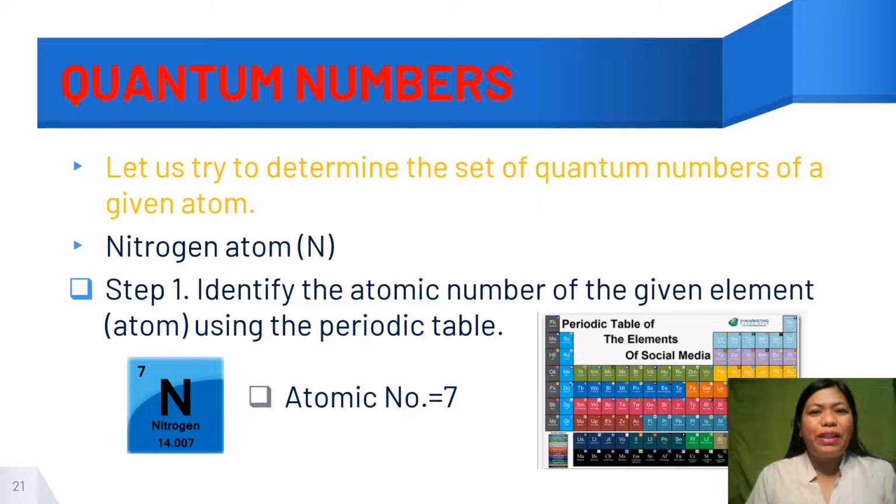After getting the atomic number of the given element, next, write the electron configuration of the element. In writing the electron configuration, we may use electron configuration mnemonics as a guide in distributing electrons in the sublevels and orbitals of the given element.